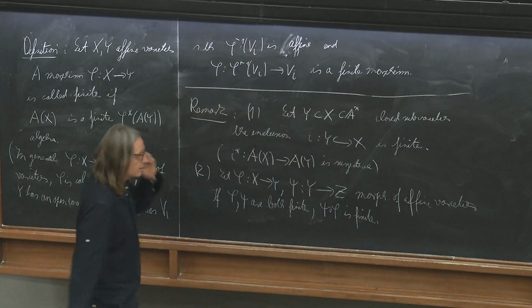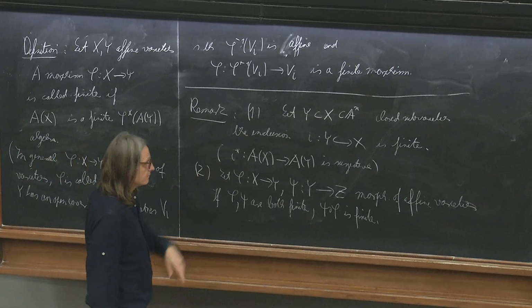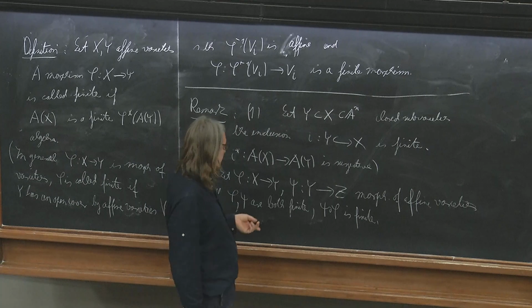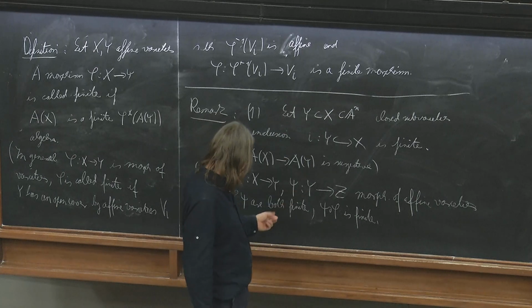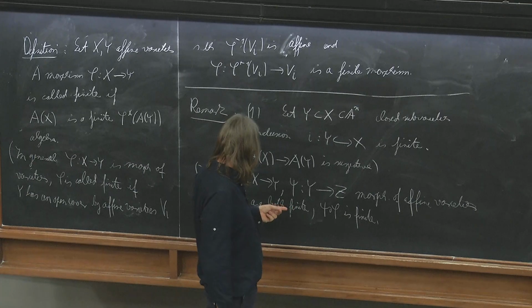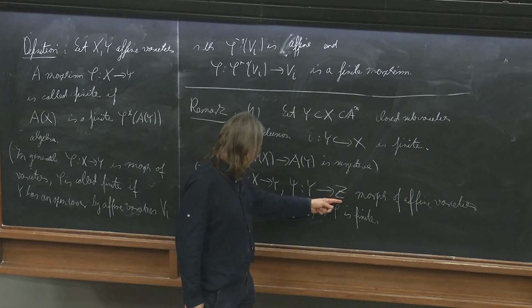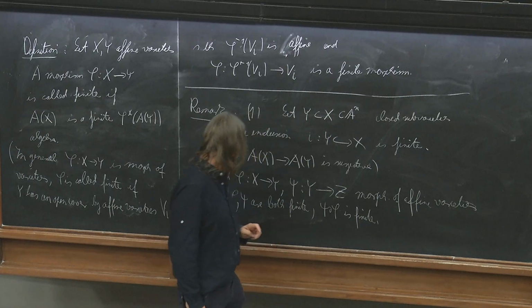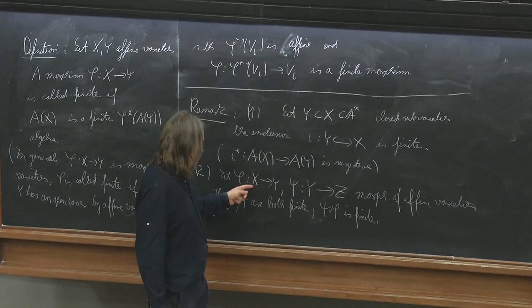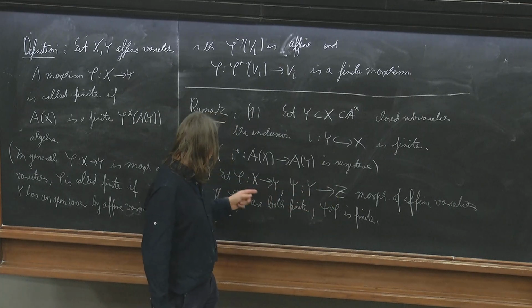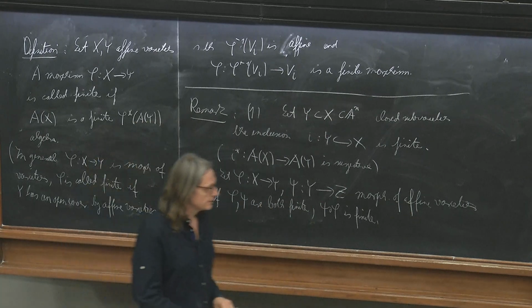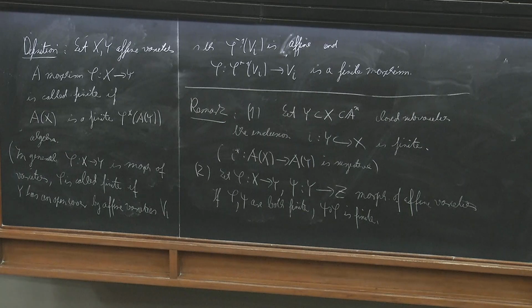And this is part 1 of this proposition, namely we have that AX is a finite phi star of Y algebra, and AY is a finite phi star of a Z algebra, and so AX is a finite algebra over phi star composed with psi star of AZ, because it's precisely this first statement.